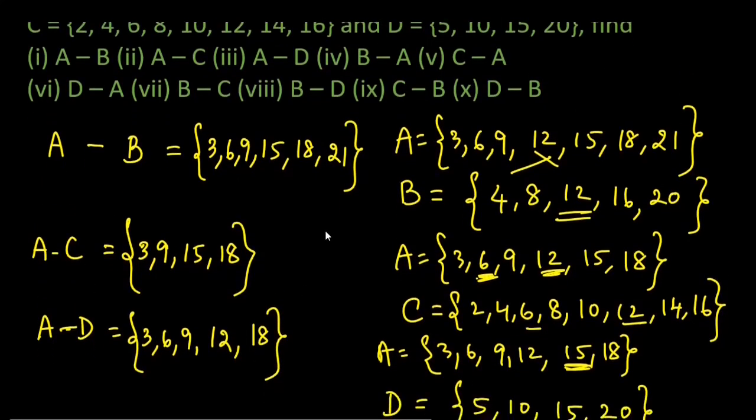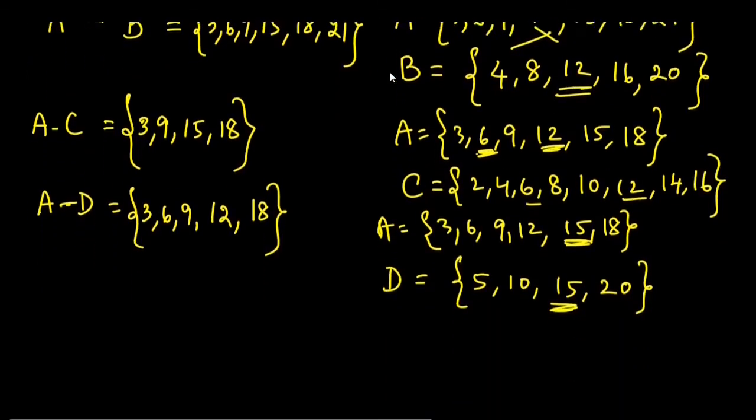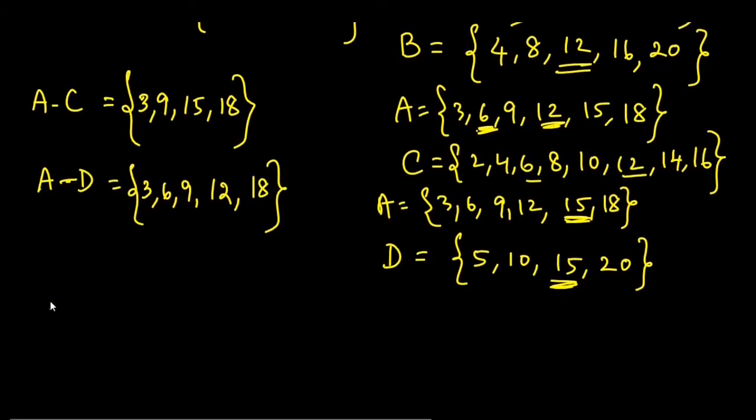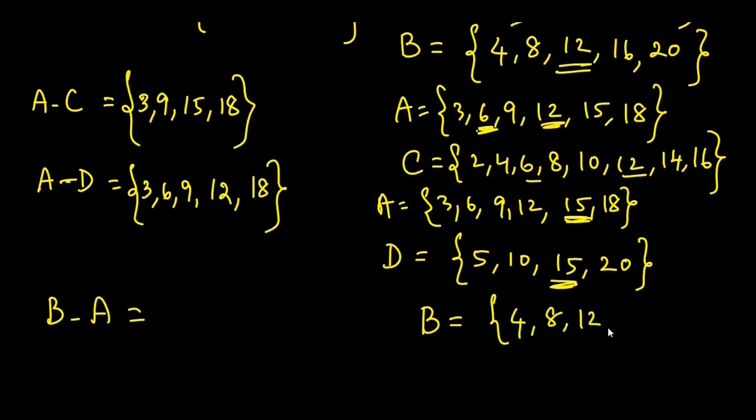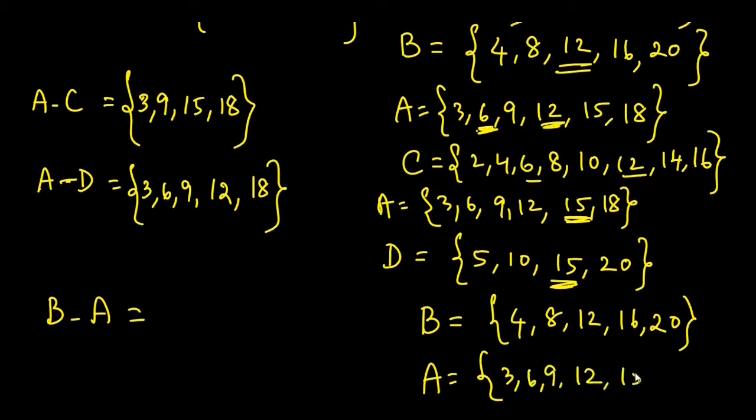Then the other one, B minus A. B is 4, 8, 12, 16, 20. Then A is 3, 6, 9, 12, 15, 18.